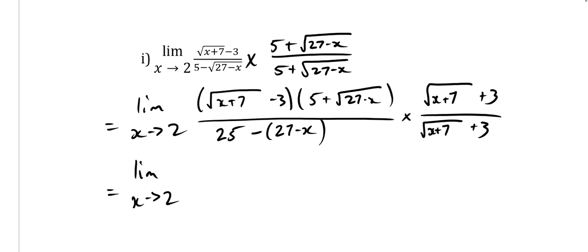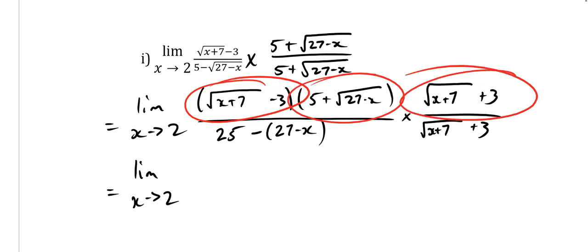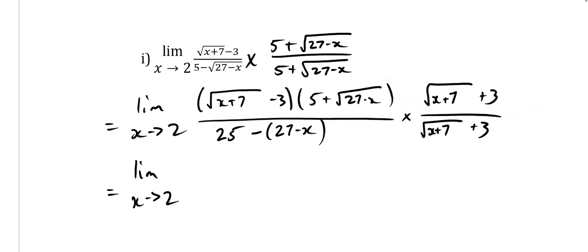And now, if you want to just watch for a minute, I'm going to multiply this by this, right? Those are the ones that I'm choosing to multiply by. You could do this times this times this, but I want to multiply the two that are conjugates of each other. So I get x plus 7 times x plus 7, so that's just x plus 7. And then I've got negative 3 times positive 3, so minus 9, times 5 plus the square root of 27 minus x, still all in brackets.